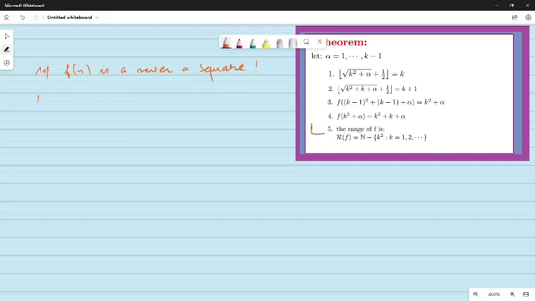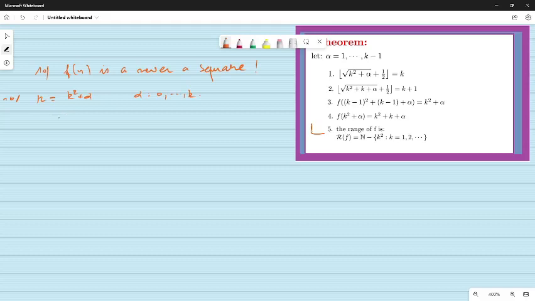We have seen that n can be k square plus alpha, with alpha between 0 and k.